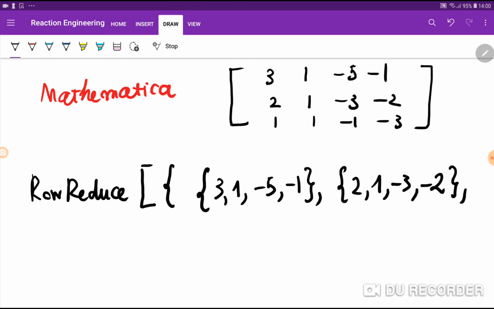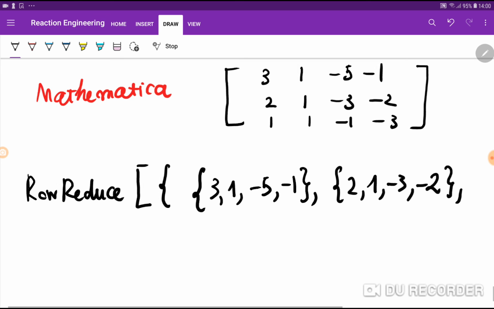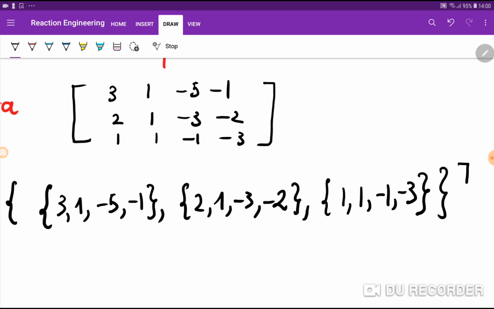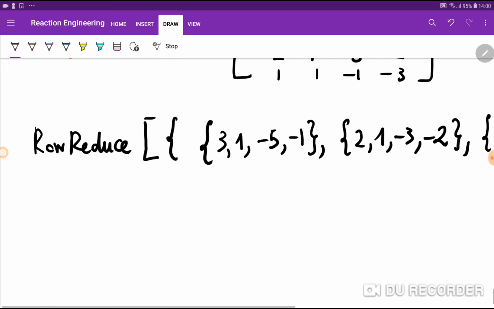In Mathematica, she understands comma as you move down to a different row. So this is 1, 1, -1, -3. Close it again, then bracket. Then make sure you write it in matrix form.